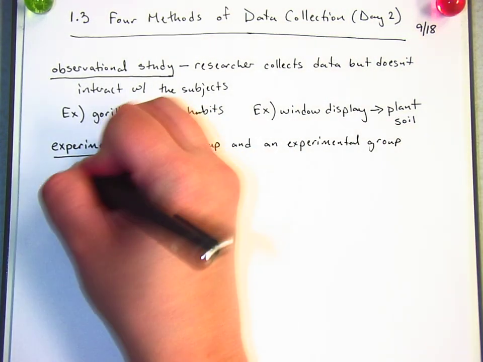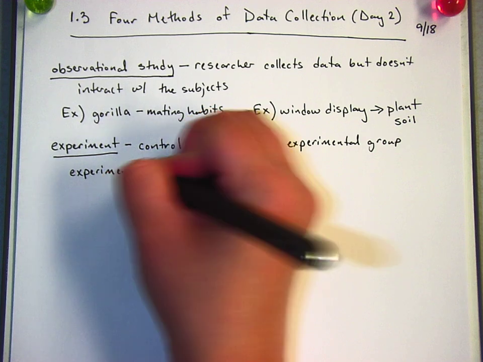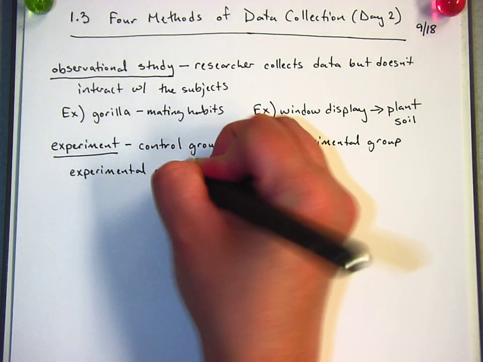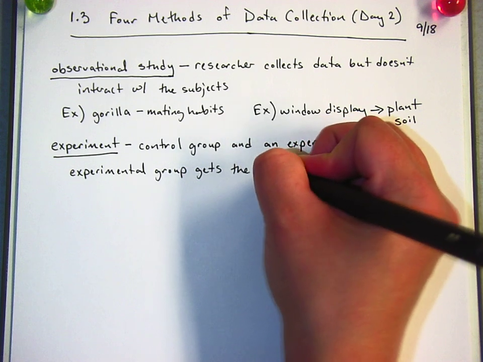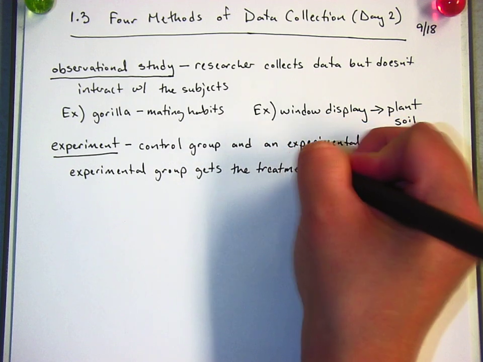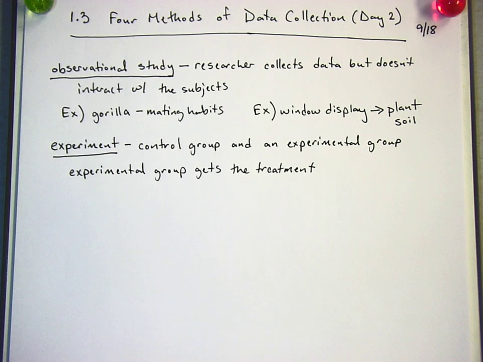The experimental group gets the treatment, whatever this is. And the control group does not. The control group is there to see if perhaps just by them thinking that they're getting a drug, a placebo effect would take place. We'll talk more about that tomorrow as well.